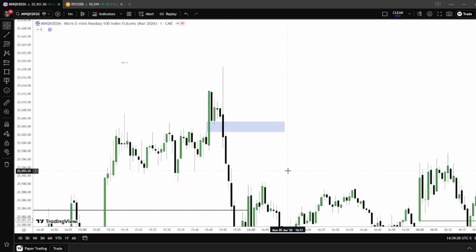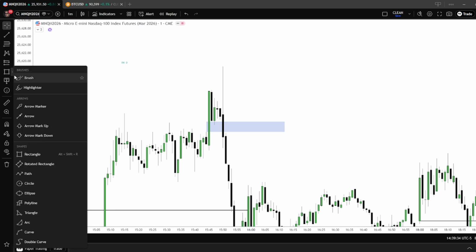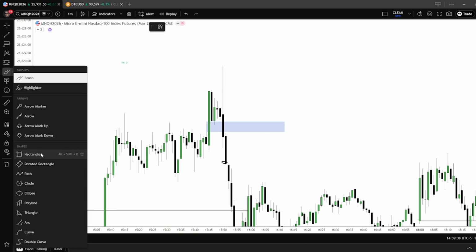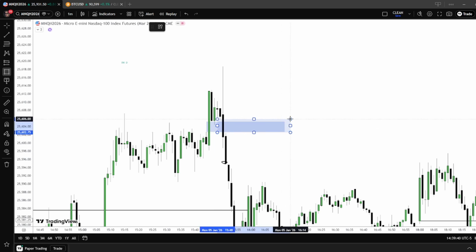Many people don't know that an inverse fair value gap is already a breakaway gap. Many people are waiting for the third candle close that creates a new fair value gap, but this is not necessary. We already had a breakaway gap after this candle close, and this is your breakaway gap.